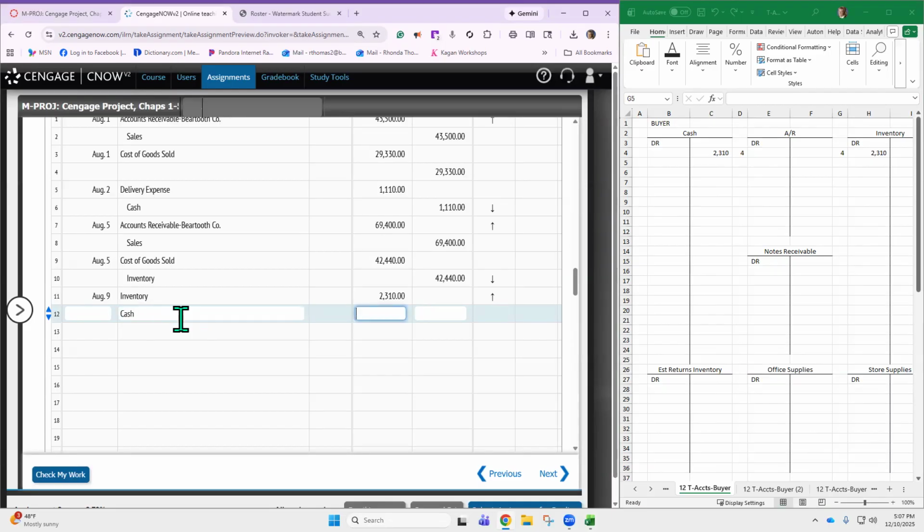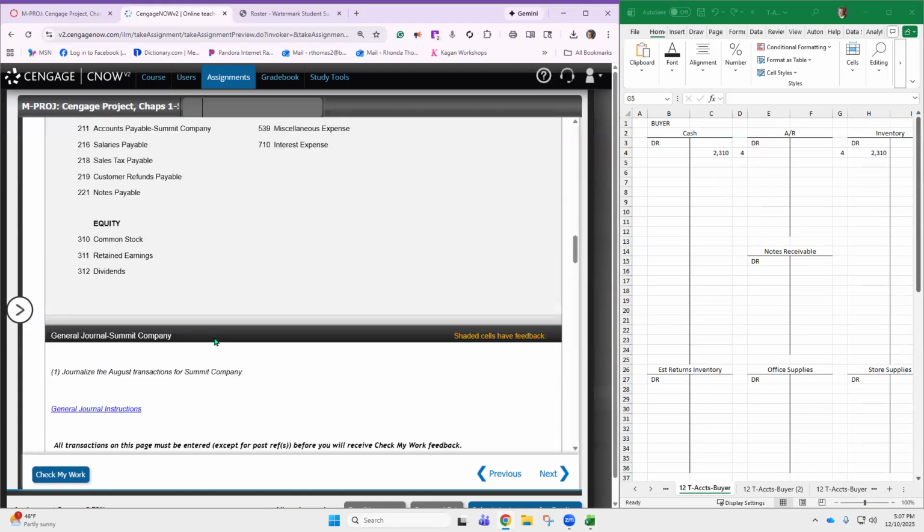So we're sending the shipping company their money. Maybe we're sending it with a debit card or something. So this is the buyer here. All these up here are the seller. So the first 10 lines should be a seller. 11 and 12 should be for the buyer. Everybody good with that? Okay, let's look at our next date then.